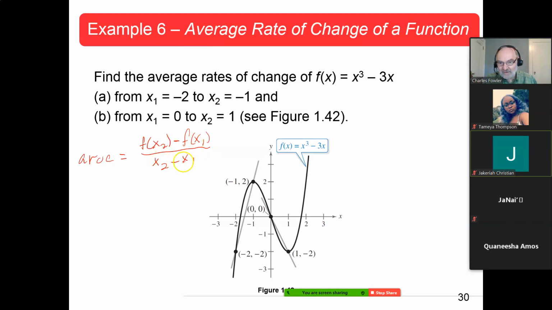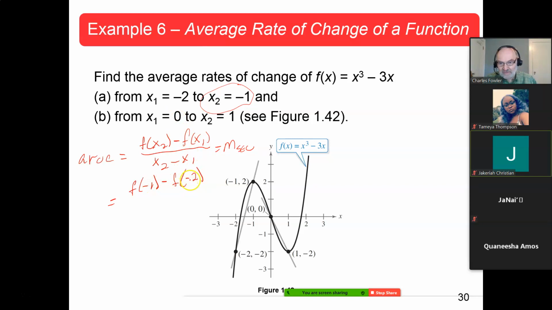Change of y over change of x, slope. This is also called the slope of your secant line between those 2 points. Okay? So what we do here is f of x2 would be, plug in x2, which is minus 1 up here. So this will be f of minus 1 minus f of minus 2.